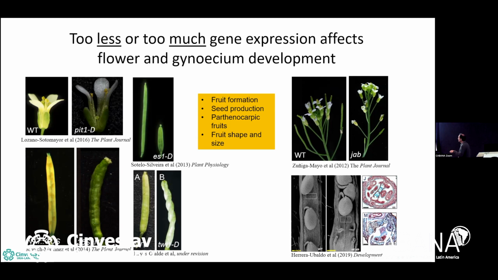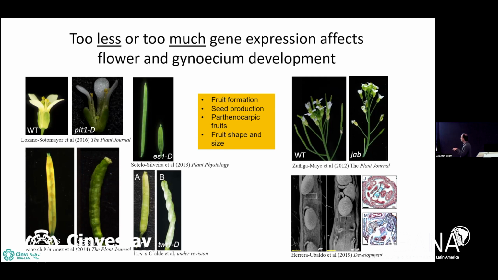So on the left side, we have examples when there's more gene expression. And on the right side, we have, let's say, mutants where the genes are not working, so we have less expression. So basically in this orange block, we find genes that are really needed for fruit formation. And when you don't have them, for instance, you don't have a fruit.